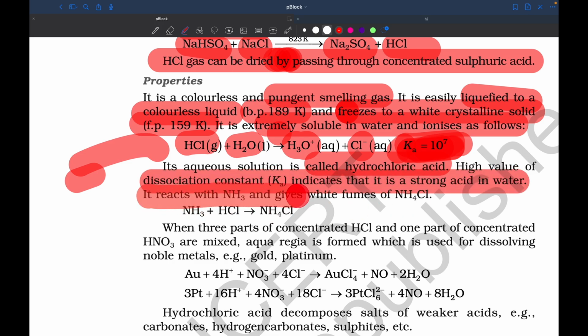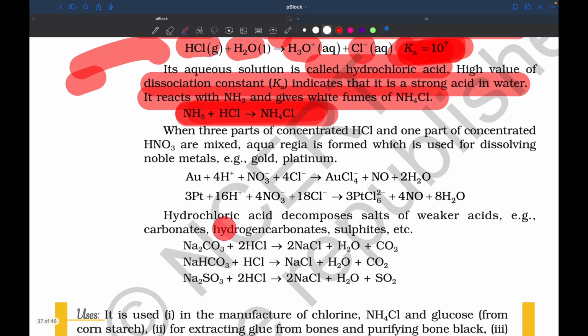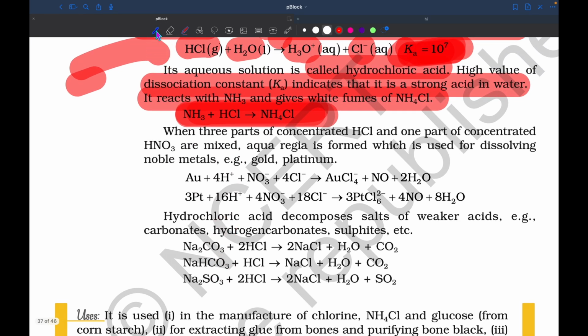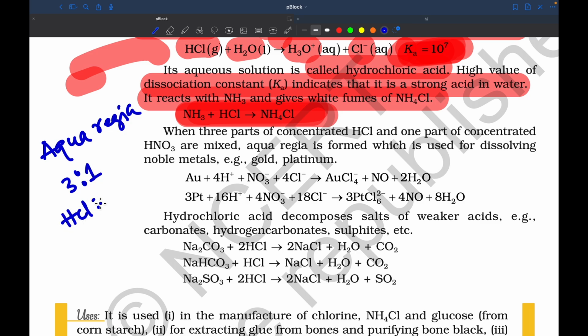It reacts with ammonia to give ammonium chloride fumes. NH4Cl fumes are generally formed when both react with each other. Right? So here another point to remember is aqua regia. A 3:1 ratio of HCl and HNO3 is known as aqua regia.